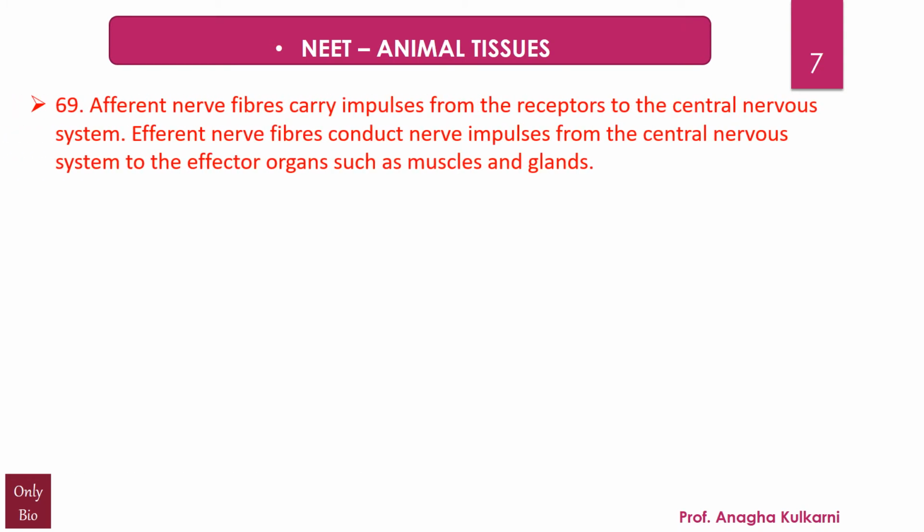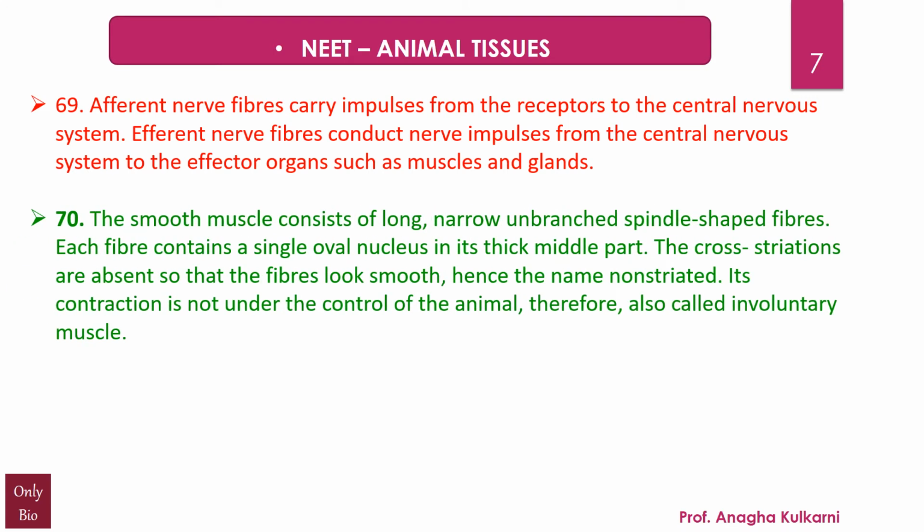Point number 69. Afferent nerve fibers carry impulses from the receptors to the central nervous system. Efferent nerve fibers conduct nerve impulses from the central nervous system to the effector organs such as the muscles and the glands. Point number 70. The smooth muscle consists of long, narrow, unbranched, spindle-shaped fibers.